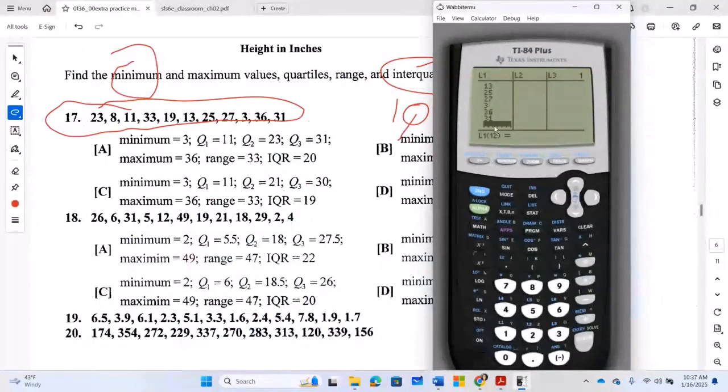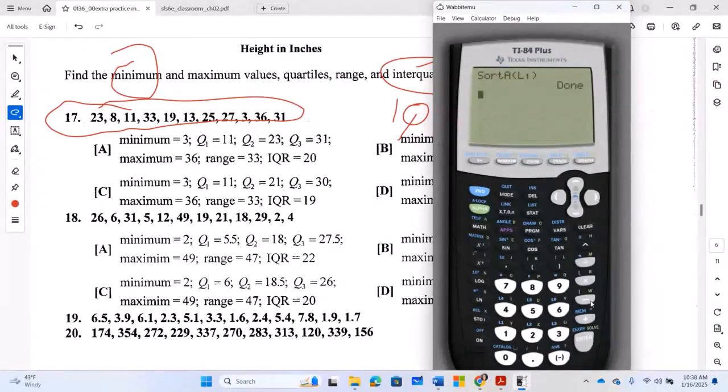So what you do is you go to STAT and select sort ascending, which is number 2. And then it's asking you, where is the data that you want to sort in ascending order? I am sorting the data in L1 in ascending order. So second L1 and close parentheses. I hit enter. Done. So I have sorted the data in ascending order.